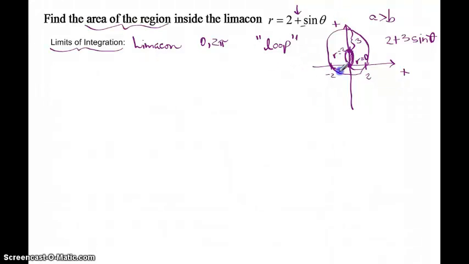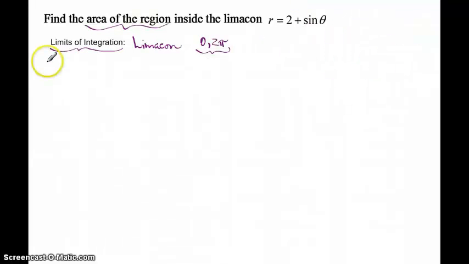So as long as it's the entire region, those limits of integration are really straightforward, but if it's a portion of it, then we've got a little extra work to do to find our limits of integration.